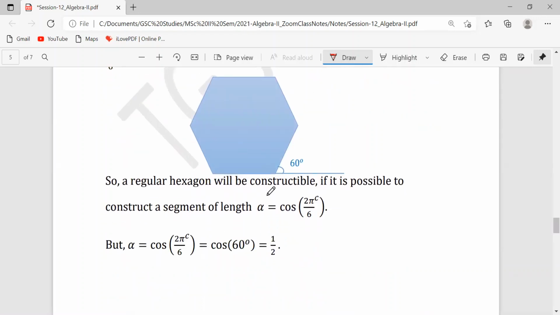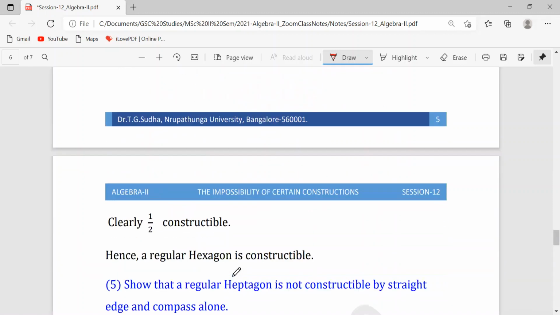So a regular hexagon will be constructible if it is possible to construct a line segment alpha equal to cos 2 pi by 6. We know that 2 pi by 6 is 60 degrees. So alpha is equal to cos 60, and we know that cos 60 is half. And half being a rational number, it is constructible. Therefore, alpha is constructible. Since alpha is constructible, a regular hexagon is constructible.